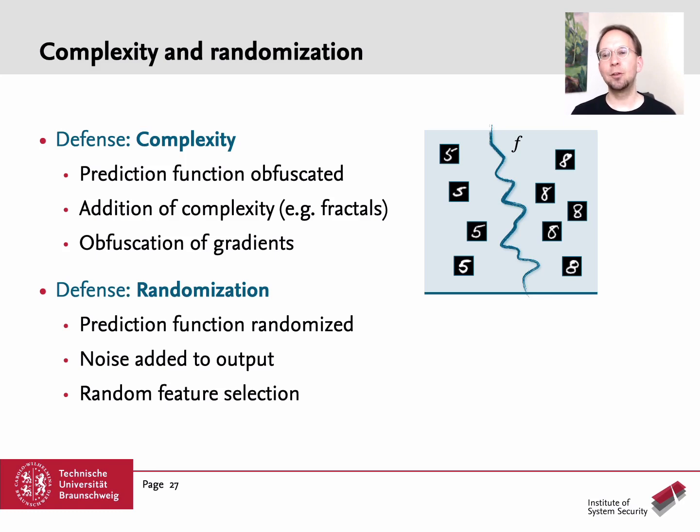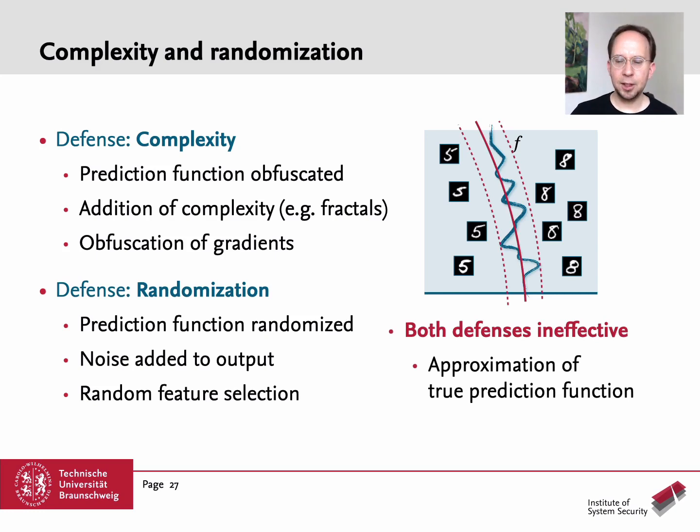So another idea was adding randomization. So instead of having static functions in machine learning or digital watermarking, the idea is that you add noise to them. And this noise is added dynamically. So in each analysis phase, you add different noise to your decision. You could add noise to the features as well. But you still have to keep the noise in a certain range because otherwise your system will make wrong predictions. And in both scenarios, complexity and randomization, the attacker can approximate a function that is less random and less complex, but still matches somehow the true decision function.